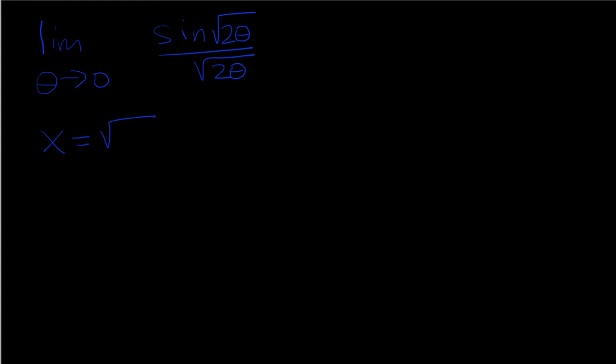Okay, let's start with the limit as theta approaches 0 of sine of square root 2 theta over square root 2 theta. We're going to let x equal square root 2 theta, and as theta approaches 0, x approaches square root 2 times 0, which is just 0.